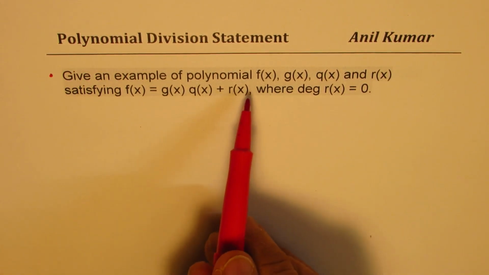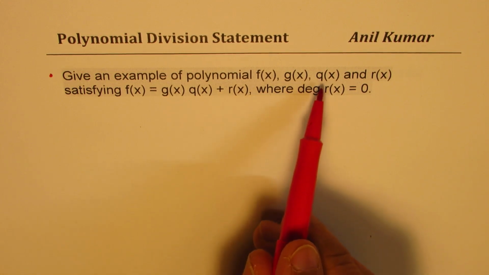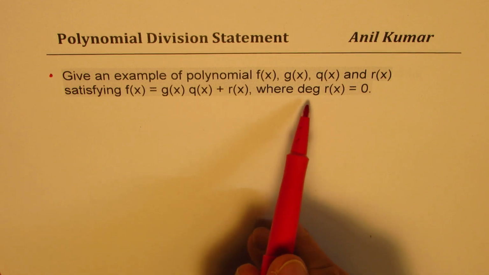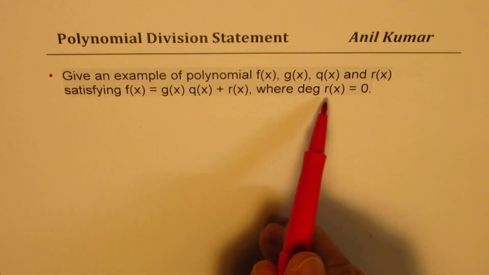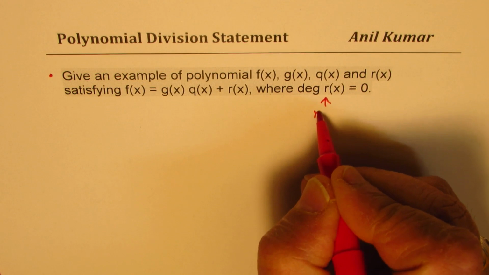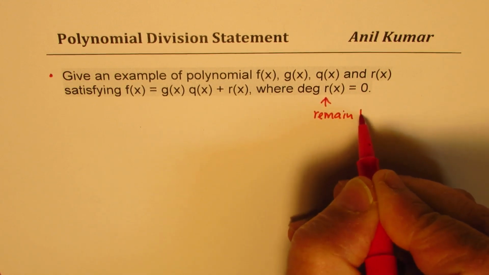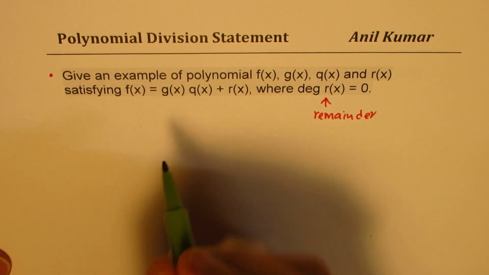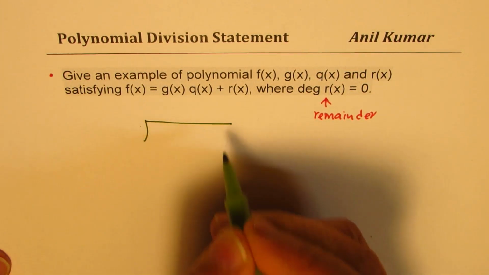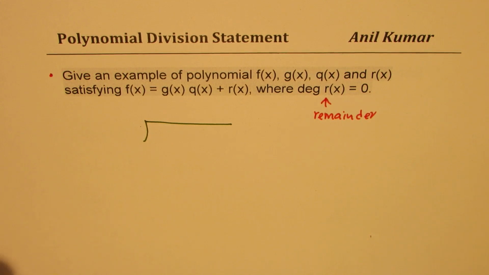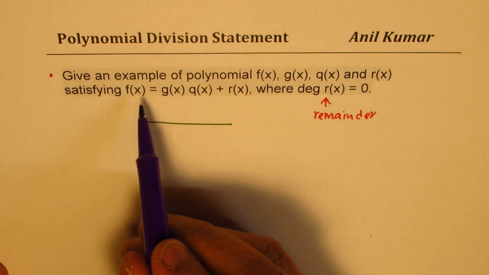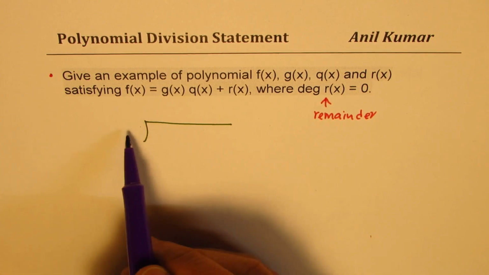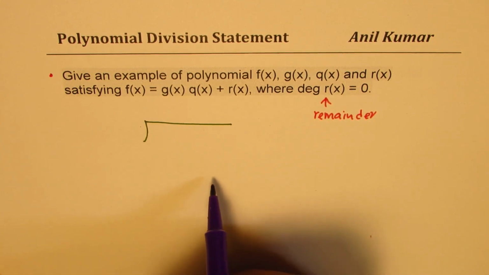Give an example of polynomial f of x, g of x, q of x, and r of x satisfying this particular condition where the degree of remainder is 0. So r of x is the remainder. So basically what we are saying here is that this function which you are dividing is equal to quotient times the divisor plus the remainder. You get the idea, right?